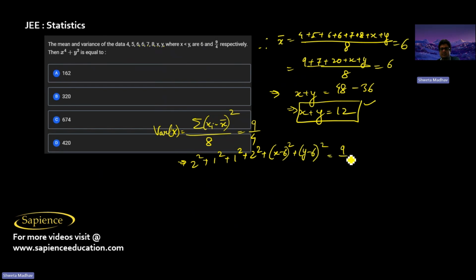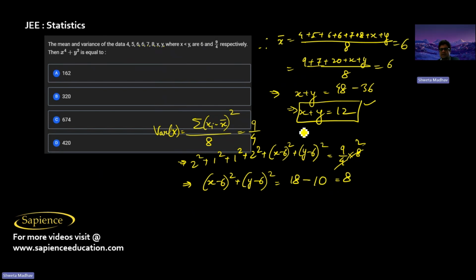That is equal to 9 by 4 into 8, that is 18. Therefore x minus 6 whole square plus y minus 6 whole square is equal to 18 minus 10, that is equal to 8.